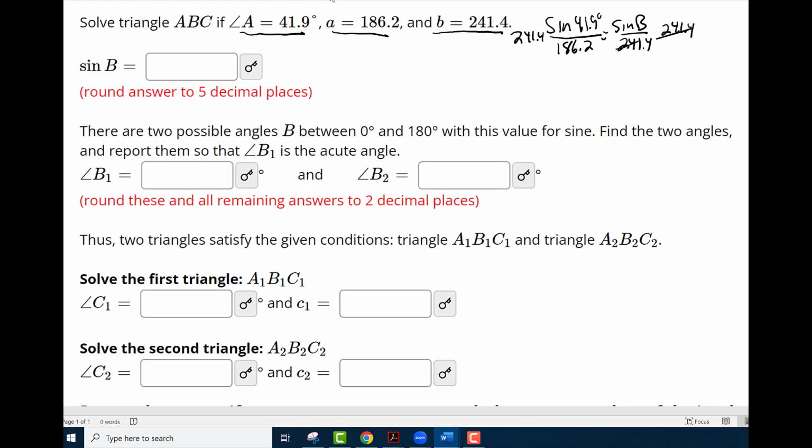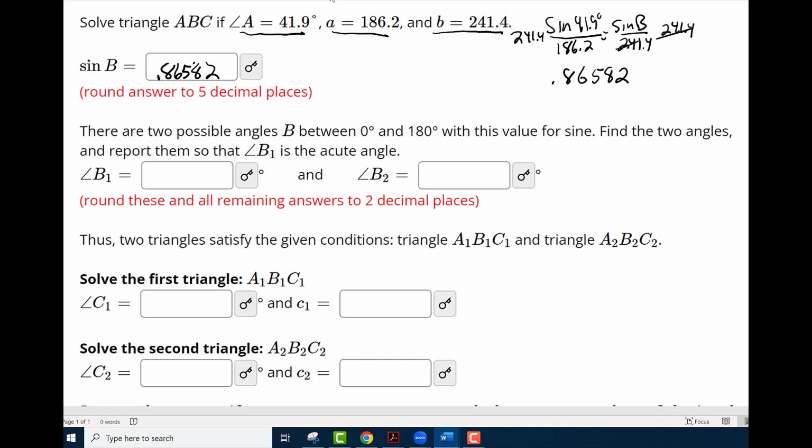So 241.4 times sine of 41.9 divided by 186.2, and make sure it is in degree mode. So there we go. And I get 0.86582 if I round to 5 places as the instructions give us. Okay, so that's pretty normal there.